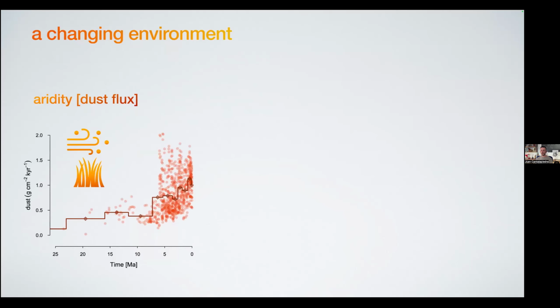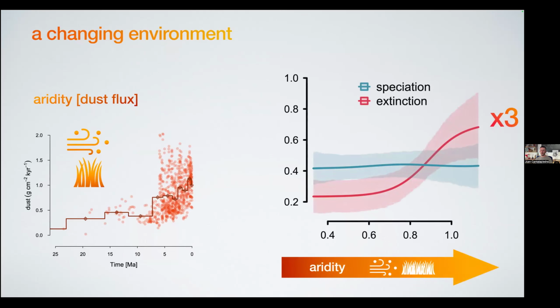So let's look at the changing environment. We can just isolate the effect of aridity, which is here measured as rate of dust flux deposits in marine cores, and how speciation and extinction rates change through time.